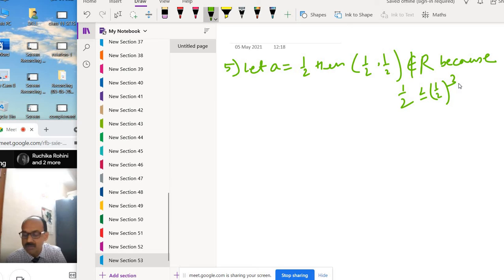This is not true. So (1 by 2, 1 by 2) does not belong to R, because this condition is not satisfied. So R is not reflexive.